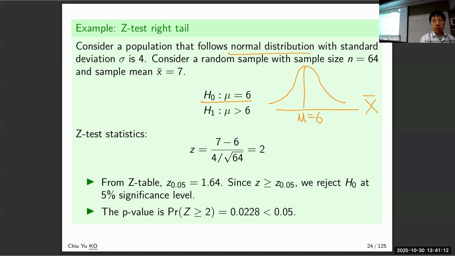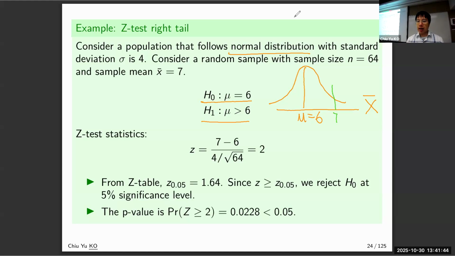We are worried about values more than 6, so we would like to see how large it is. If it's large enough, then we reject. The data tell us it is 7, somewhere here. The question is, is 7 far enough from 6 that you favor H1 over H0?